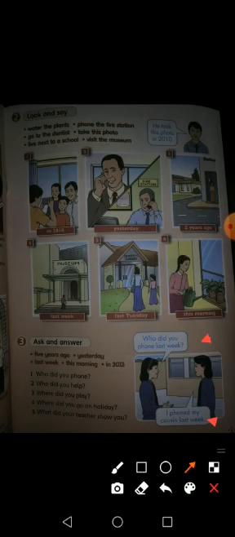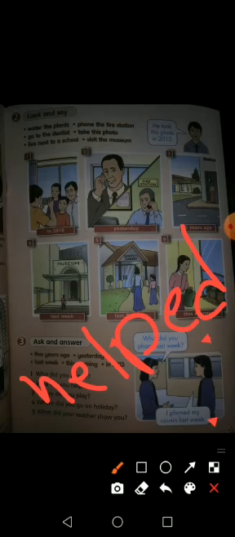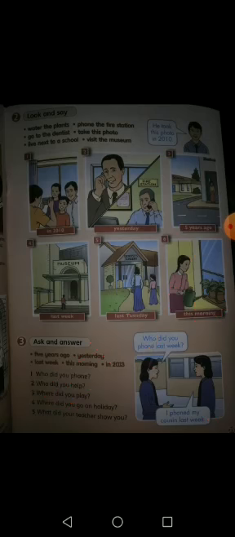For example, I helped my mom yesterday. I use the word helped. Okay, I helped my mom yesterday.